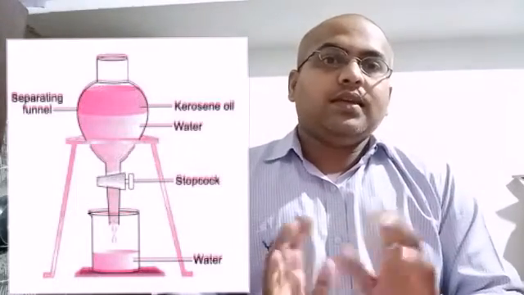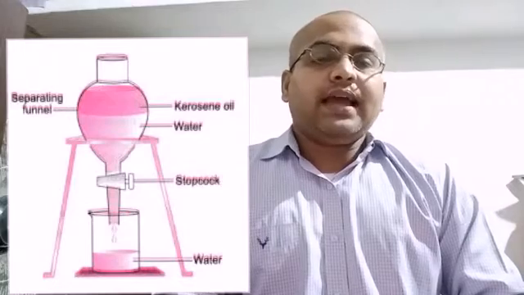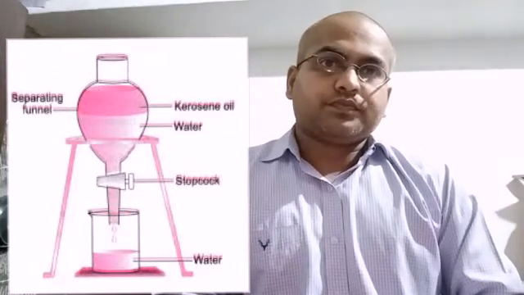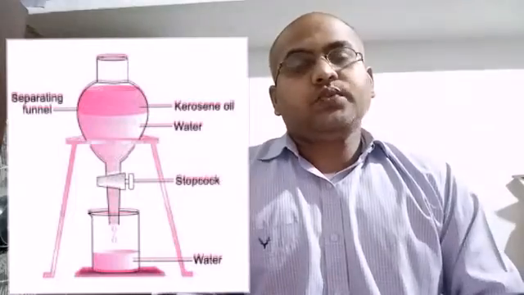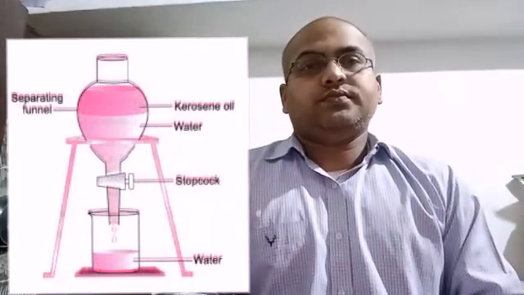We have to take care that when the water falls down and is collected in a vessel, as the layer of water finishes, we close the knob. By doing this, we are able to separate water from the oil.